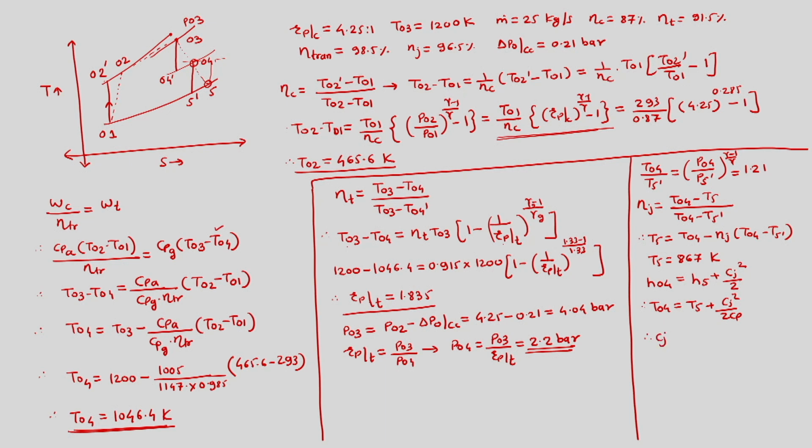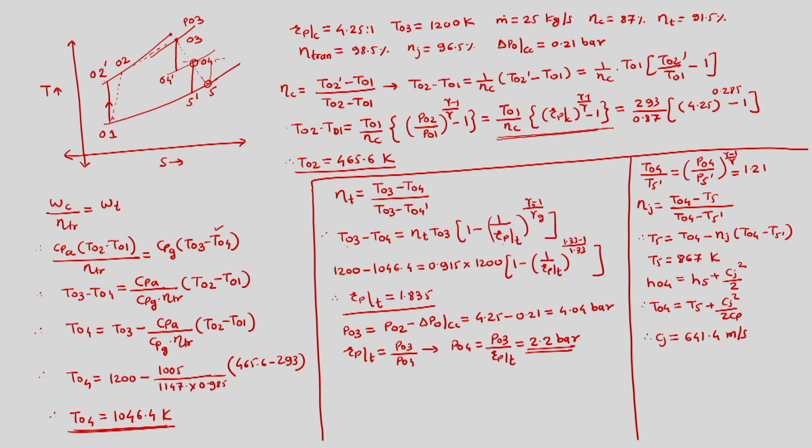Knowing T04 and T5, we can calculate Cj, and it is 641.4 meter per second.